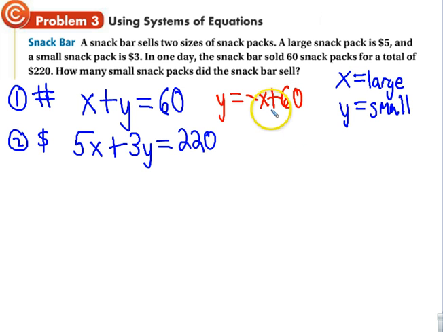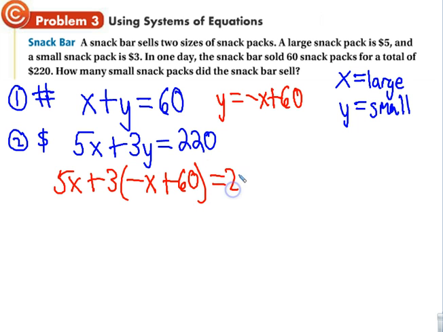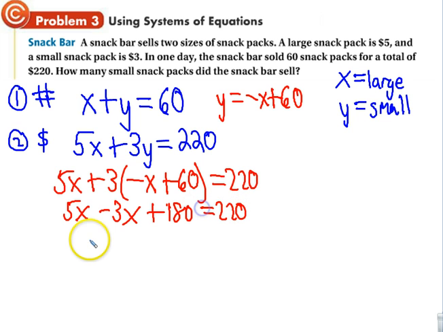I solved it for y; you can solve it for x and get the same answer. Then I plug in here: 5x plus 3 times negative x plus 60 equals 220. So that's 5x minus 3x plus 180 equals 220. So 2x equals 40, x equals 20.